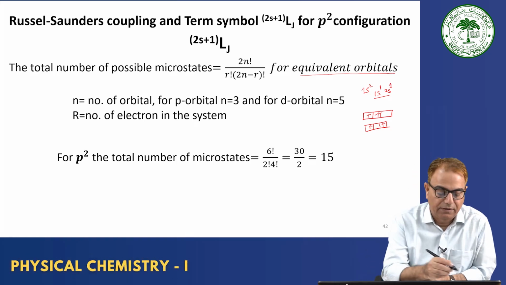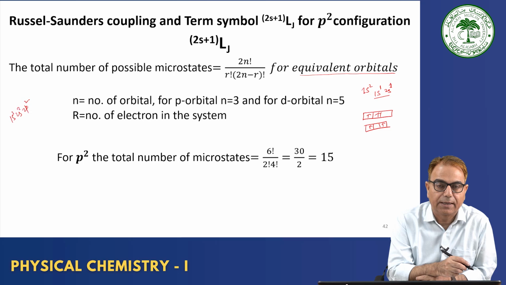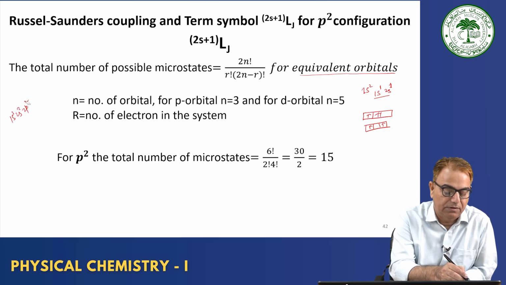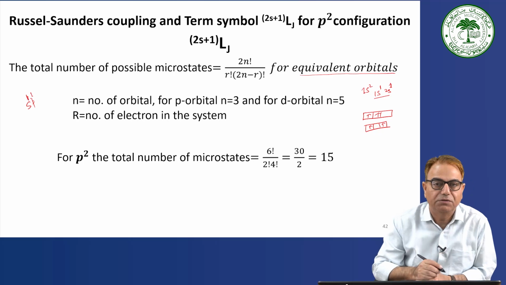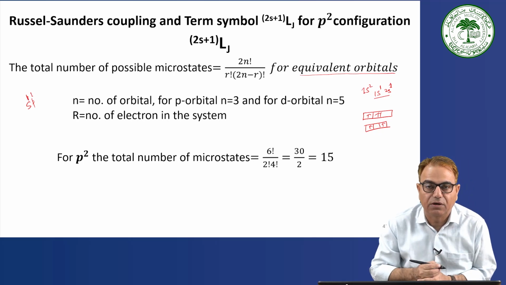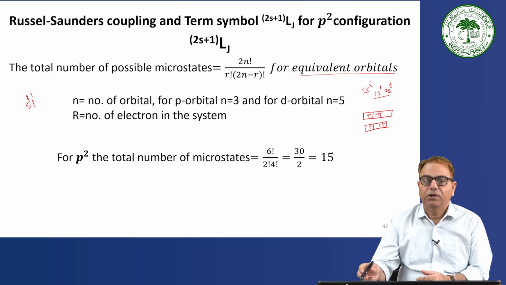It could also be 1s2, 2s2 and 2p2, which is the carbon atom. If you have a configuration like s1 p1, one electron in an s orbital and another in a p orbital, then they are non-equivalent electrons. We will talk about this later, but first we are talking about equivalent electrons.